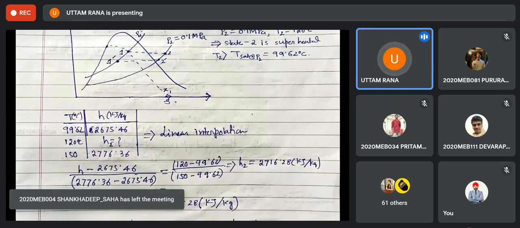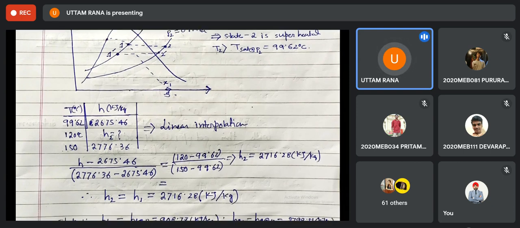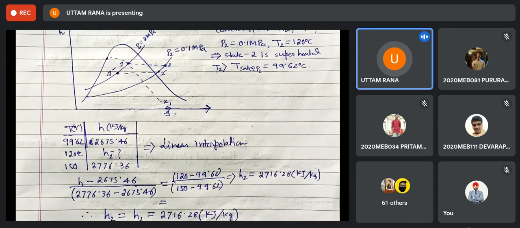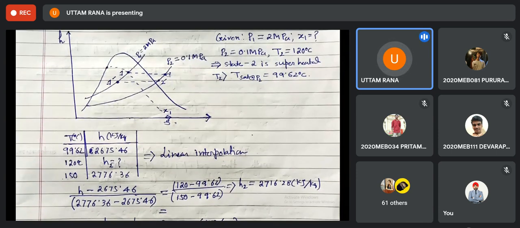Now, the next question is what is the maximum quantity of moisture that can be measured, or what is the minimum quality of the steam that can be measured? Both the things are same. So in order to do that, if minimum of 5 degree superheating is required, so what should be the state 2 temperature? Saturation temperature corresponding to pressure P2 is 99.62.